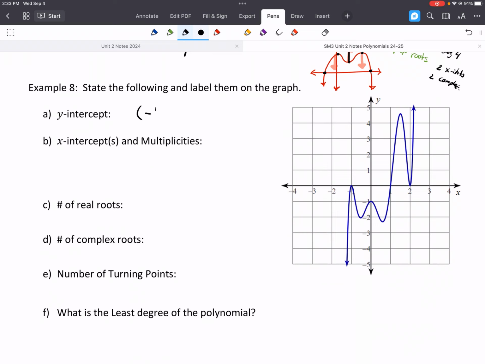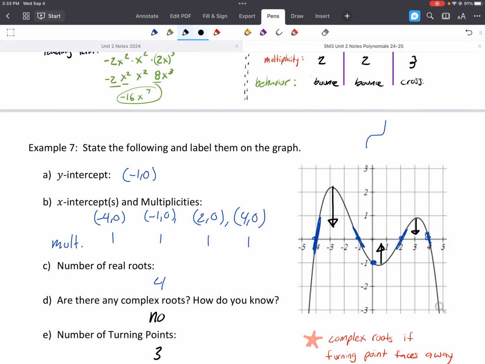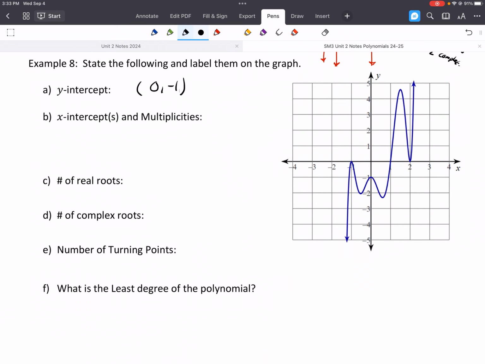This has a y-intercept of (-1, 0). Nope, (0, -1). I didn't mess that up on the other one, did I? I did. Sorry about that. You're probably like, Mr. Warner. Okay, x-intercepts. So here we have one at (-1, 0).